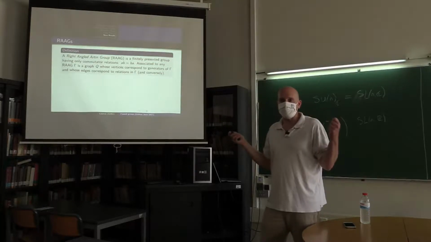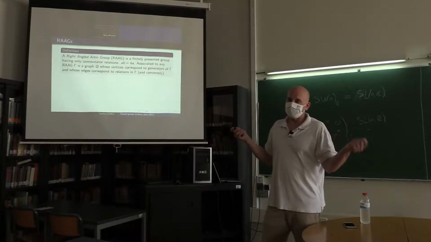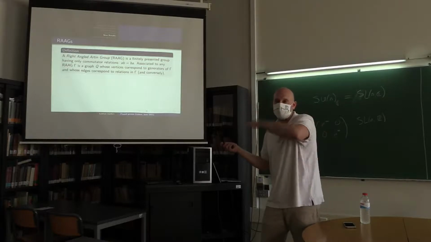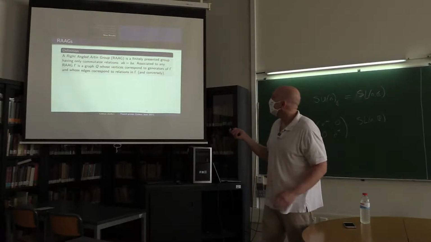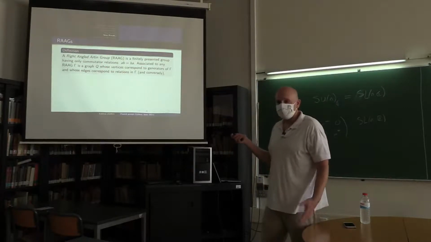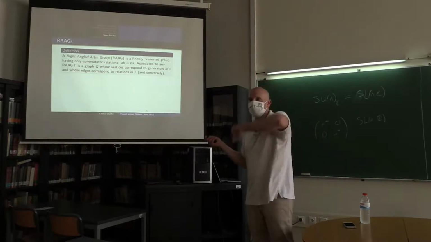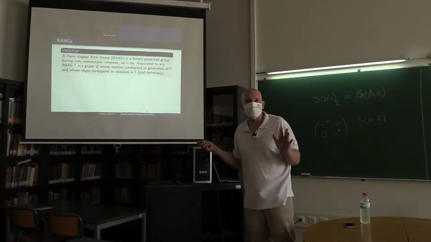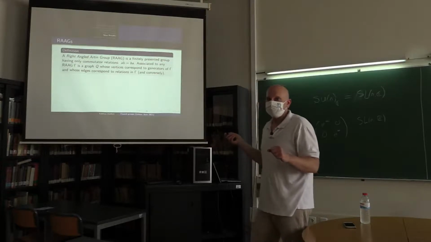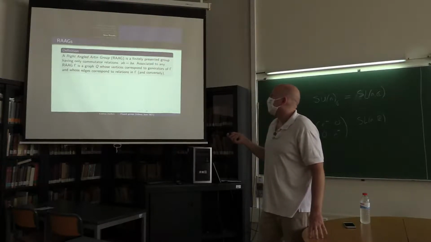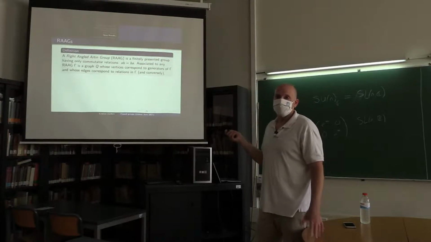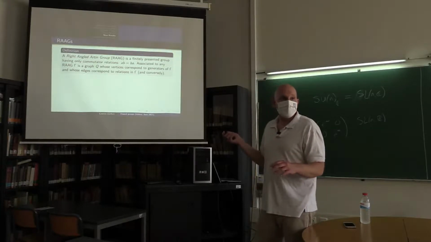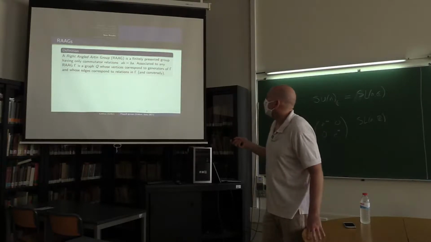Those are two extreme cases where you have no relations, and the other case, we have all maximal relations. You can organize these things via a graph. The generators are the vertices of the graph, and then you draw an edge if there's a commutation relation. Okay? All right, so free groups have no edges. Free abelian groups have the maximal number of edges, the complete graph. Okay, and then everything else is in between.